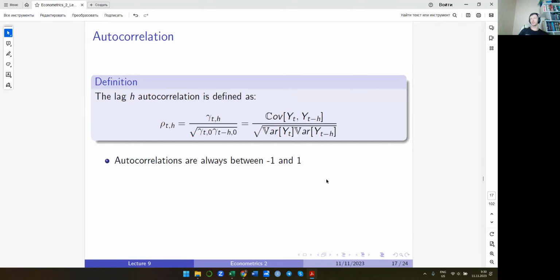So autocorrelations, like the usual correlations, are always between -1 and 1. Again, lag minus h and lag h are equal by symmetry.